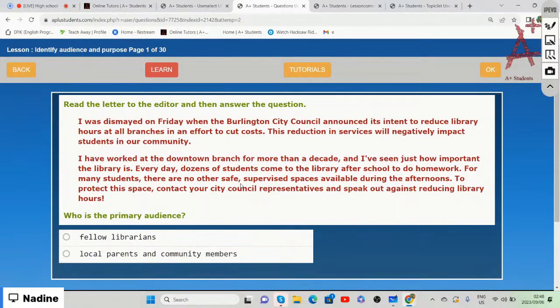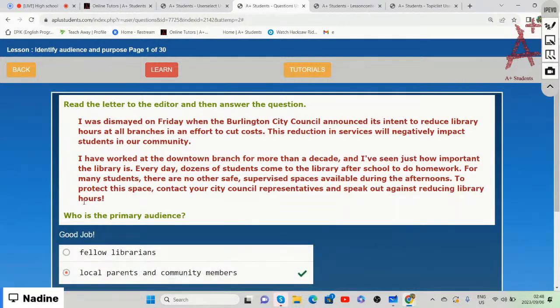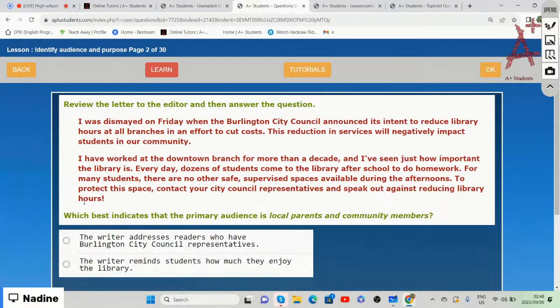Which means that the primary audience within this text can be the local parents as well as the community members, because they need to protect it for their kids, even though the fellow librarians are also the audience. But remember, fellow librarians are the kids. And if they need to write to the city council, then it means that the parents as well as the community members need to write to the council.